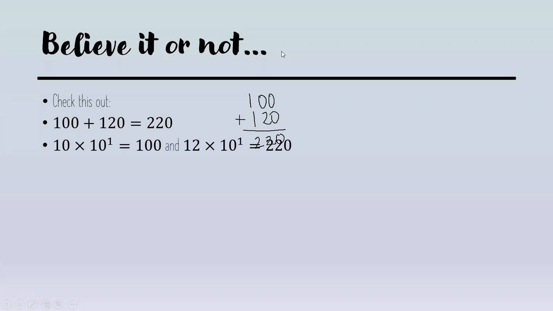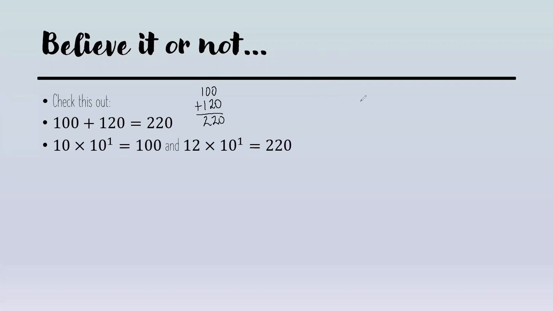Now, if I'm going to rewrite it over here, I can rewrite 100 as 10 times 10. I'm going to keep this little exponent on here so that it looks like a power of 10.